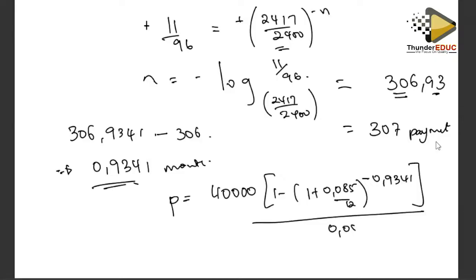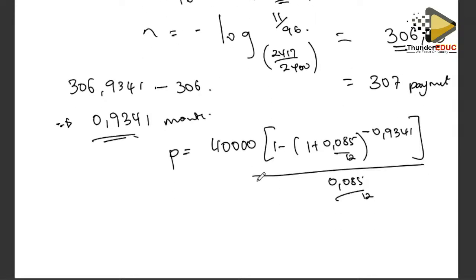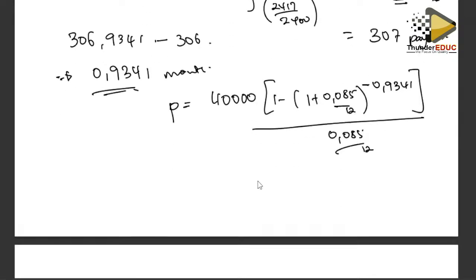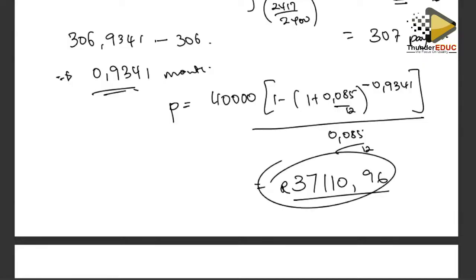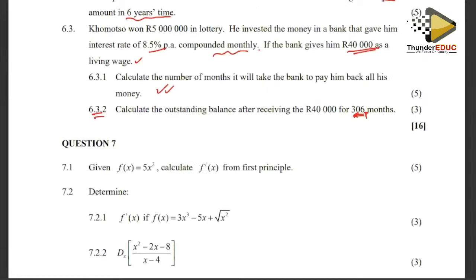Divide this by 0.085 over 12. When you substitute this, we end up with 37,110.96. So we can see that this is the last payment, which is smaller than the 40,000. All right, so that is to do with the finance.